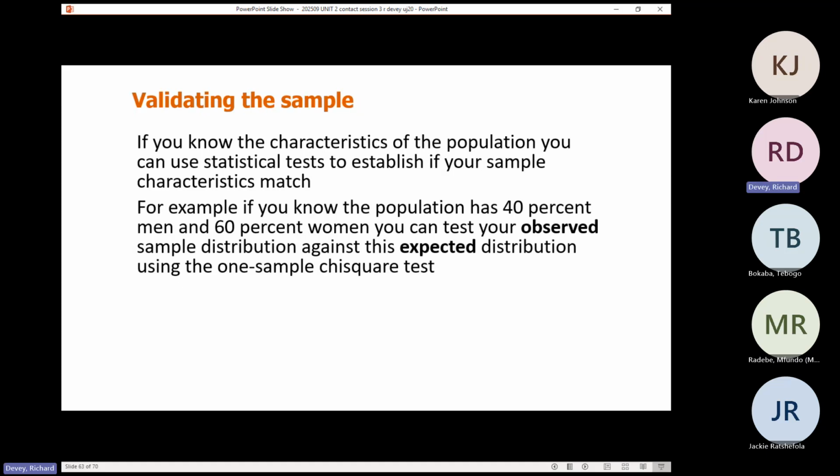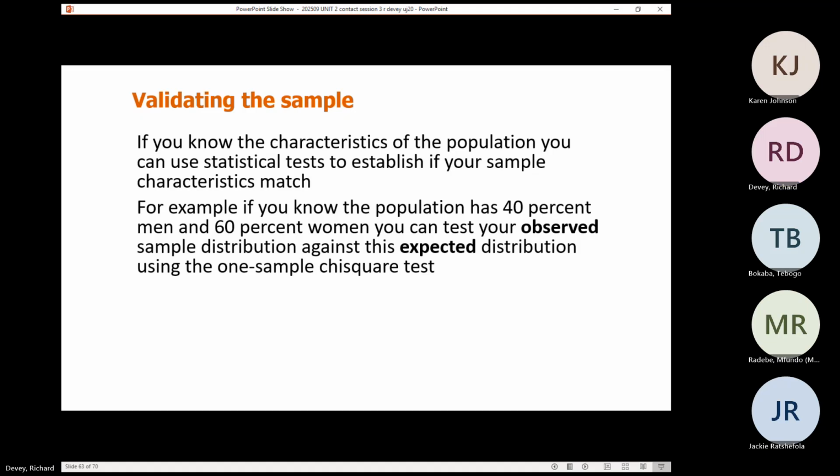If you know the characteristics of the population, you can use statistical tests to establish if your sample characteristics match the population. For example, if you know that a population has 40% men and 60% women, when you sample, you're going to have a distribution of men and women in your sample. You can test your observed percentage against an expected distribution using a one sample chi-squared test.